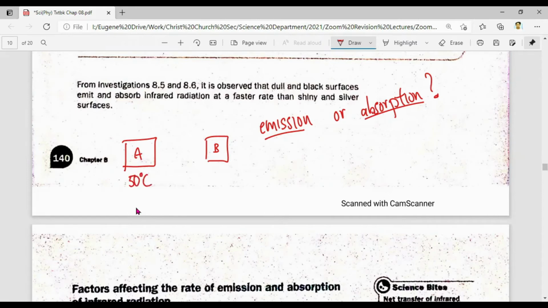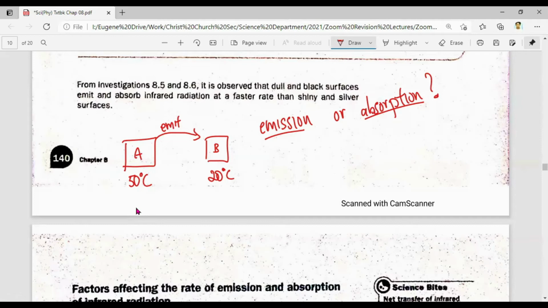If A is 50 degrees Celsius and B is 20 degrees Celsius, object A is of higher temperature, so it will emit heat via radiation towards B. And because B is of a lower temperature, B will be the absorber of radiation. So that's why you can't jump into radiation talking about emission or absorption straight away. It goes back to 8.1, as I mentioned.